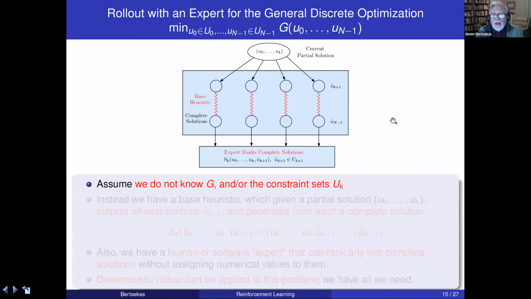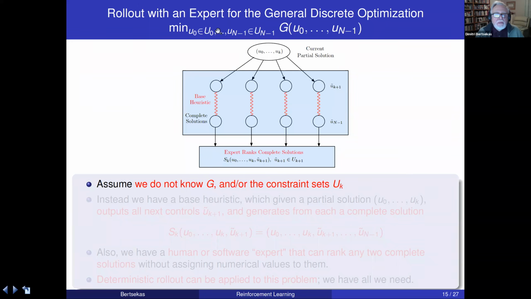Okay, now here's another application, another extension of the rollout algorithm. And this deals with a general discrete optimization problem where you minimize a cost function with n components, u0 up to un minus 1, and each component is individually constrained. Later in a future lecture, we're going to consider a rollout for the case where these components are coupled through the constraints.